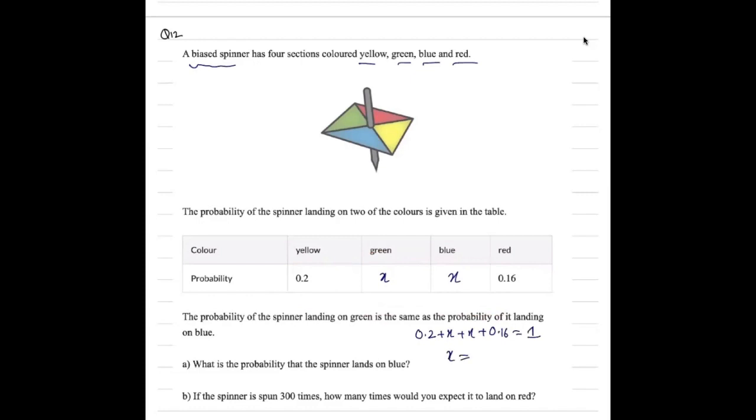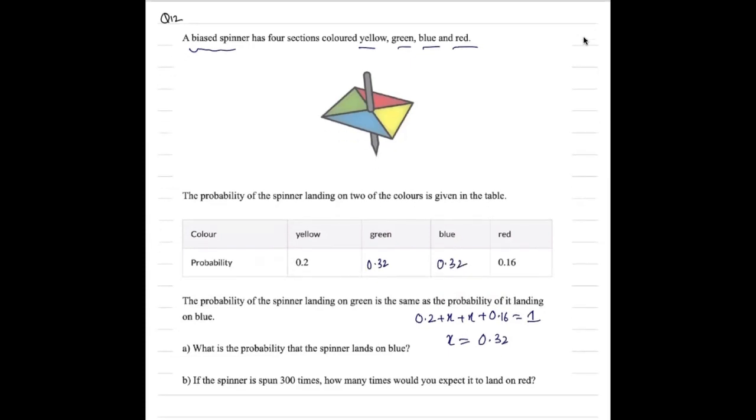When you solve this equation, what do you get? 0.32. So the probability of green is 0.32, the probability of blue is 0.32, so the probability that the spinner lands on blue is 0.32.